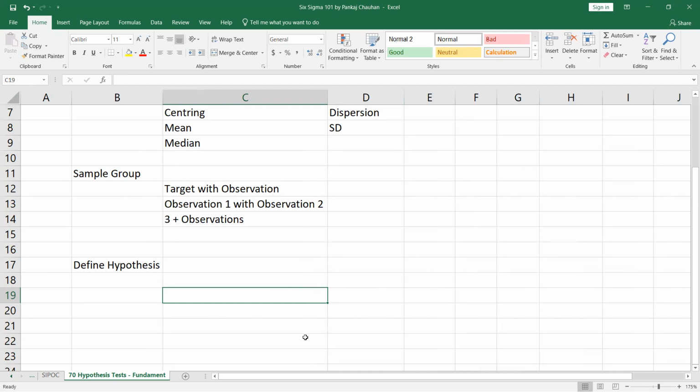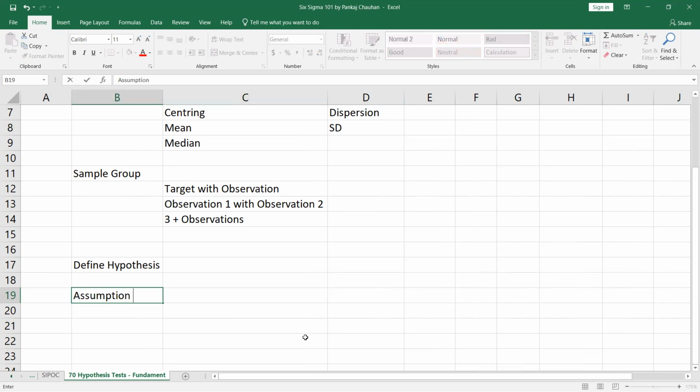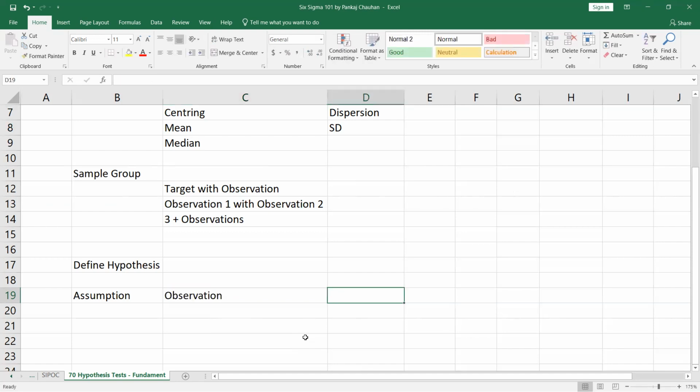If the assumption and the observation data you are collecting have no difference between these two, then it's a null hypothesis, and we will decide based on the p-value at 0.05.